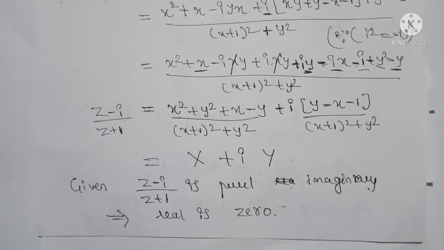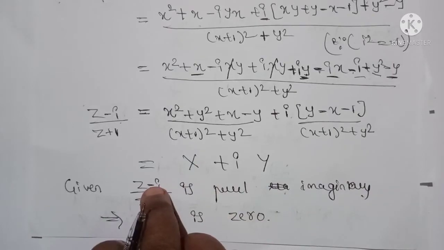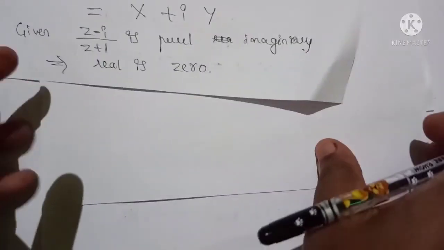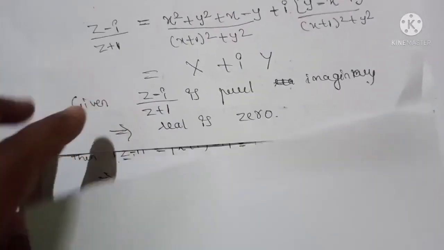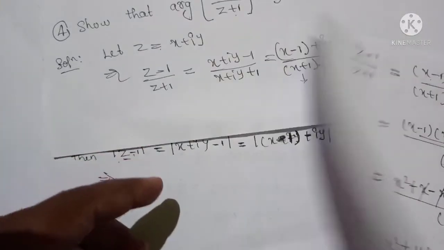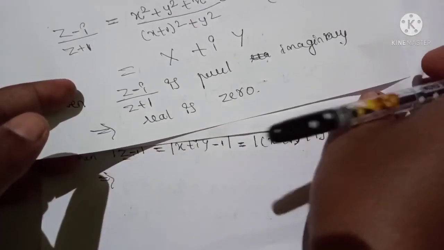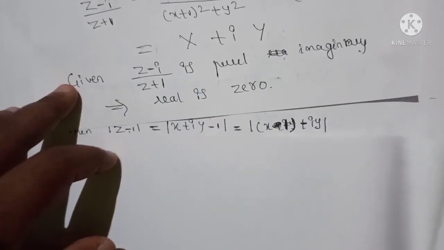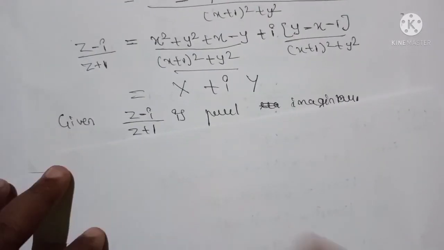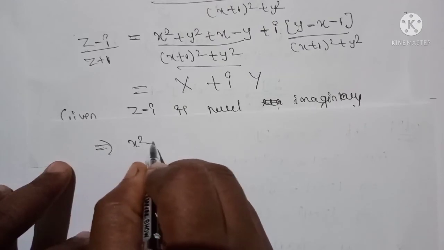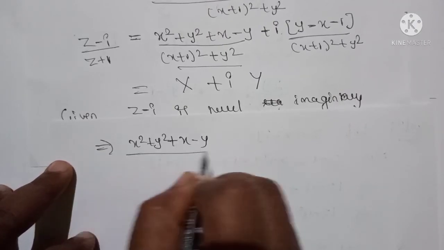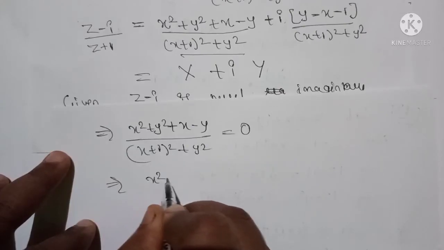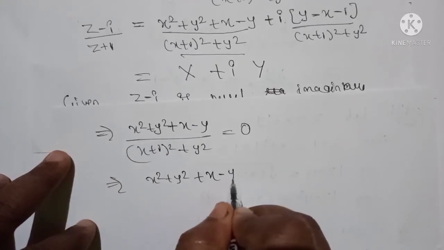Therefore the real part of (z minus i) divided by (z plus 1) equals 0, or we can say x squared plus y squared plus x minus y equals 0.